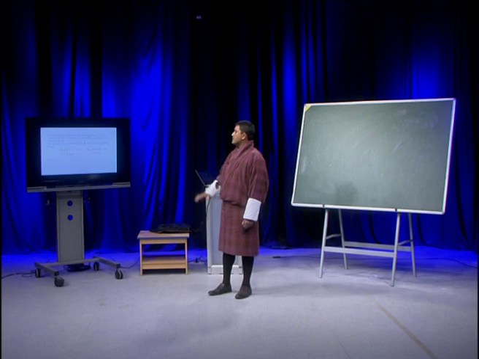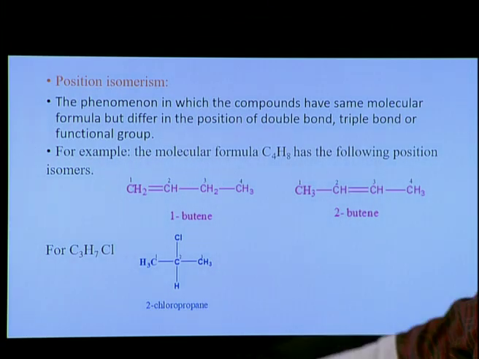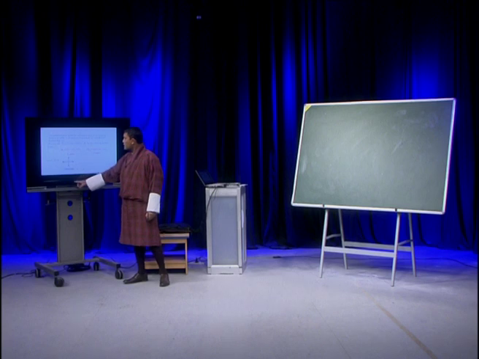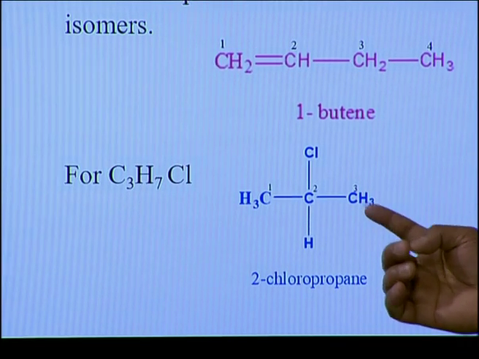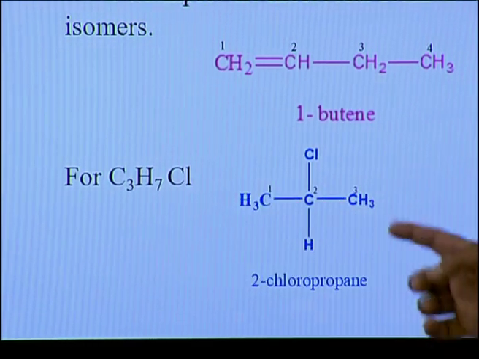If you have another molecular formula with 3 carbons, 7 hydrogens and 1 chlorine atom, C3H7Cl, we can have the following position isomers. The first one is 2-chloropropane. We have 3 carbons, 1 chlorine and 7 hydrogens.